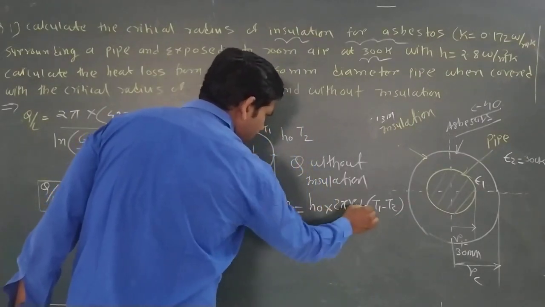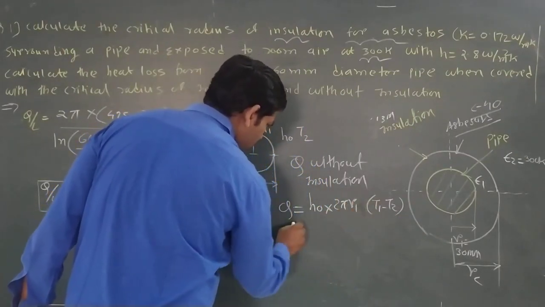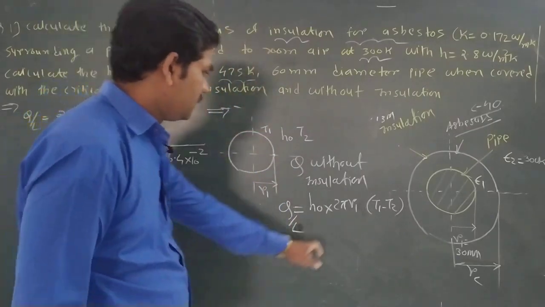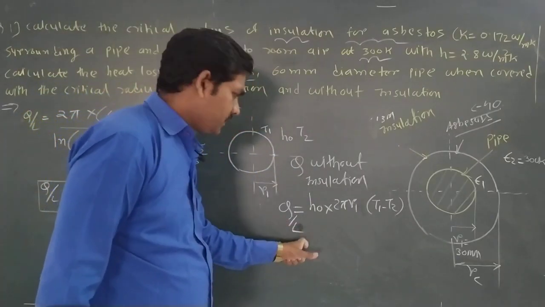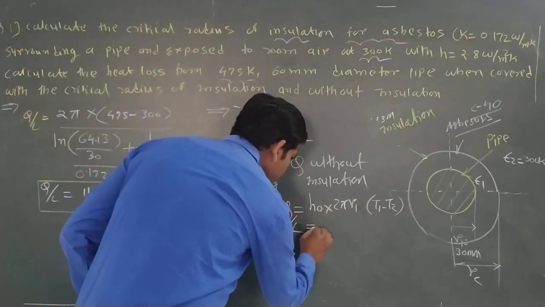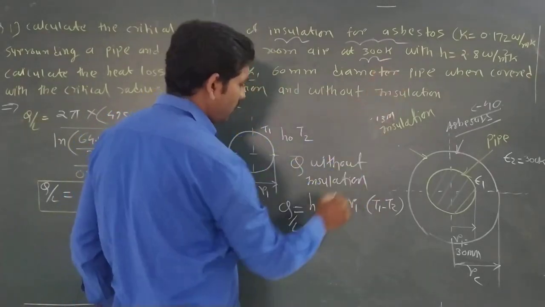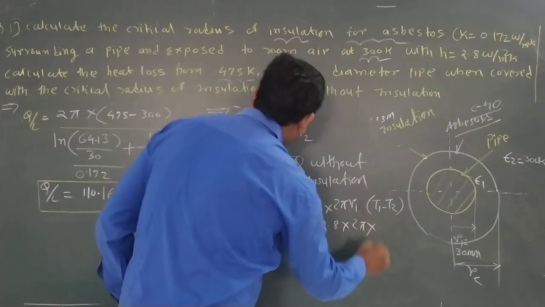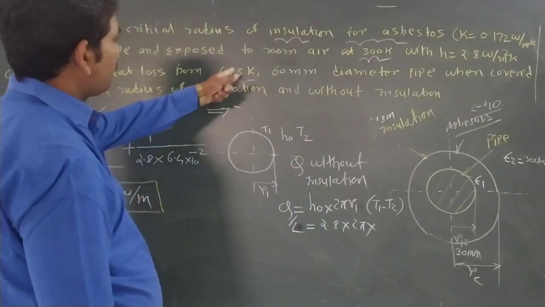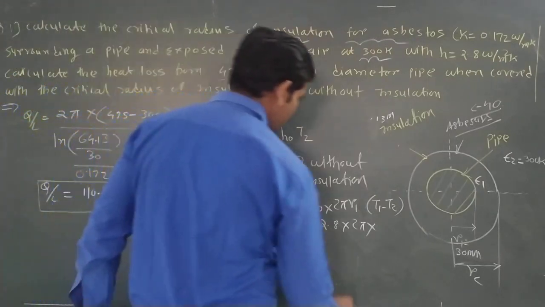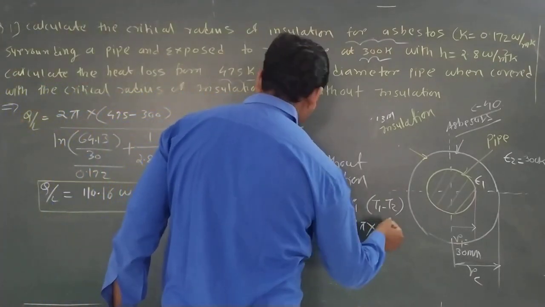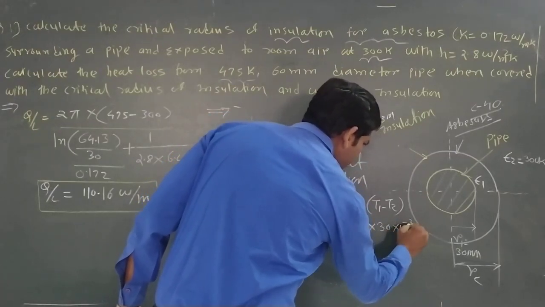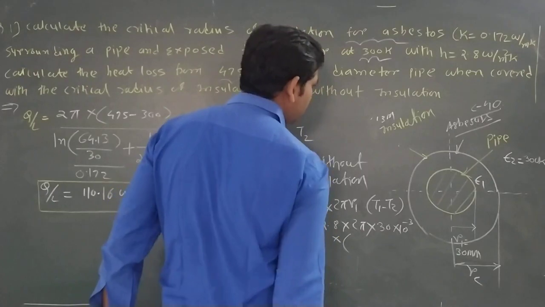Per unit length, so this L goes to the denominator, and the value of L is 1. So we write Q by L. Put the values. HO is 2.8 into 2 pi multiplied by R1. R1 is 30, converted into meter form, so 30 into 10 to the power minus 3, into T1 minus T2.